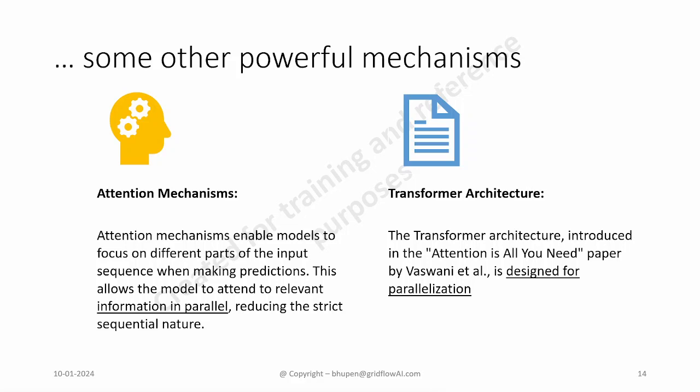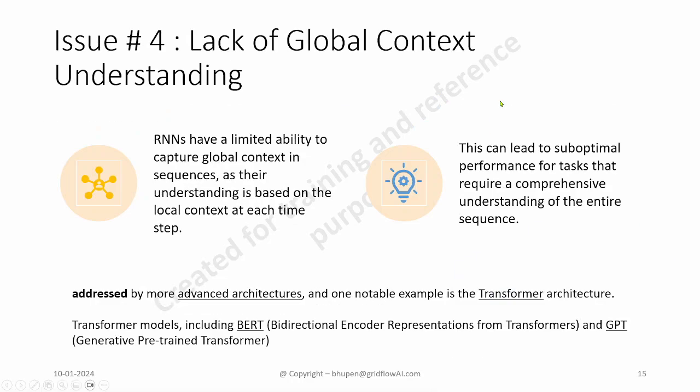Another issue that we have in the standard RNN is lack of global context. Again, this is not exclusively a problem for RNNs; even LSTMs, transformers and modern-day large language models also suffer from limited global context.